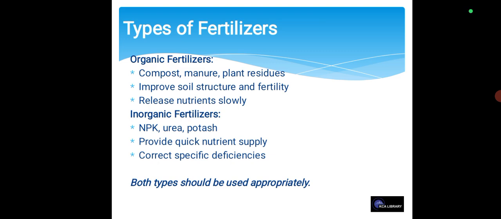Examples of such fertilizers include NPK fertilizers. NPK stands for nitrogen, phosphorus, potassium blends. Then urea, which is high nitrogen content, and potassium-based fertilizers such as potash. Okay, so both types are very important and need to be used appropriately.